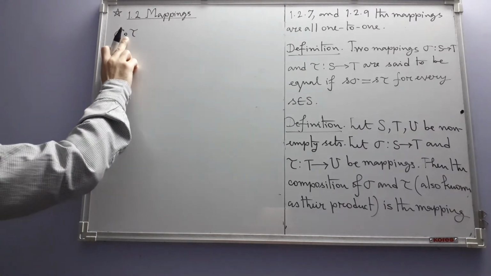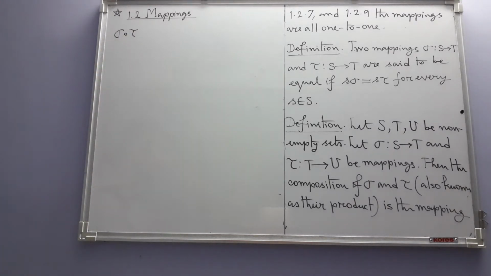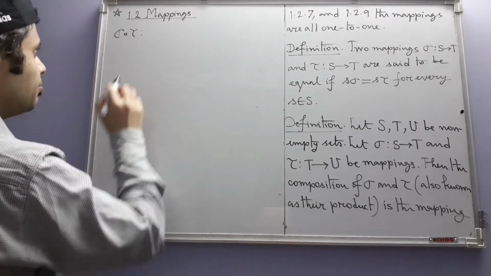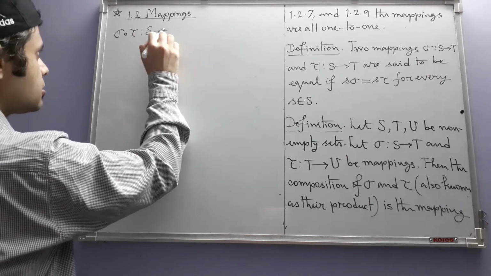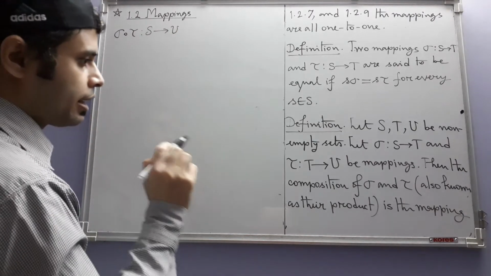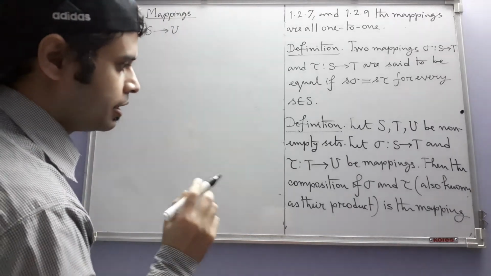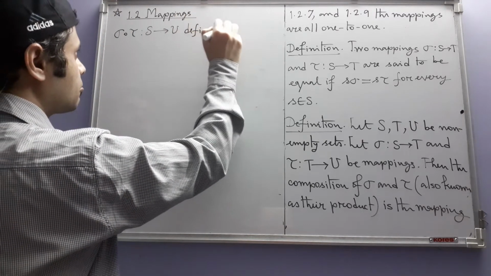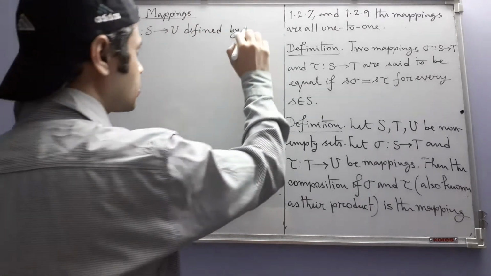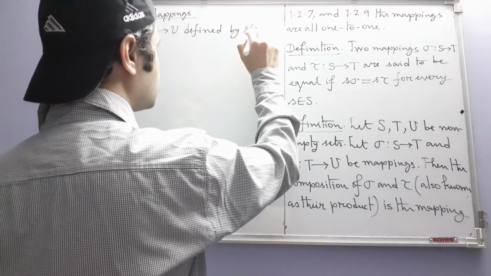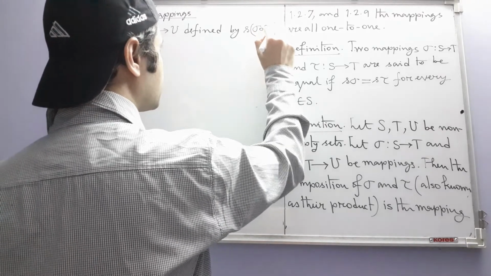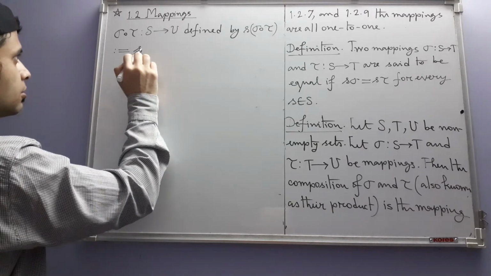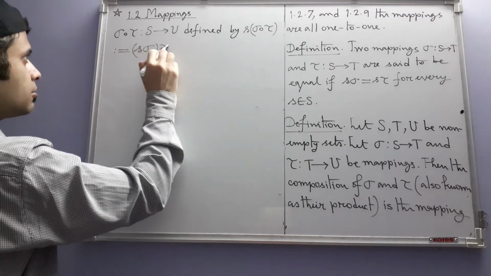We put a small circle in between the two mappings to denote the composition, and it maps S into U, and the definition is the mapping defined by s(sigma composition tau) is equal to s sigma tau.